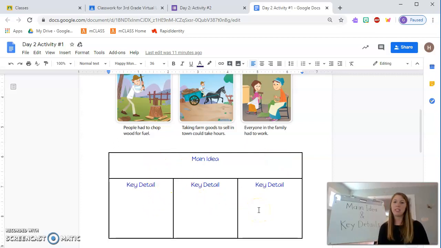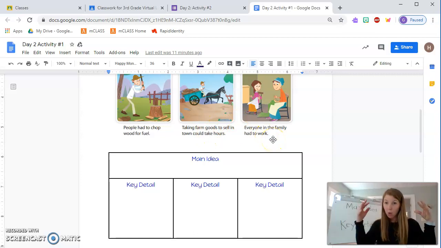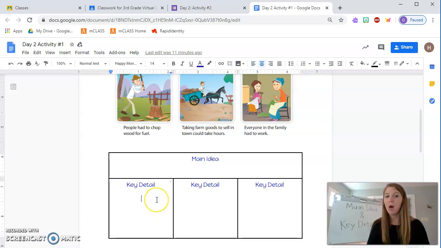So I'm going to let you know that the key details have already been given to us. These things are going to help us come up with our main idea, what the story is all about. So I'm going to put these details in my own words. If you need to pause and do this with me, you may. Pause me now. Let's see.